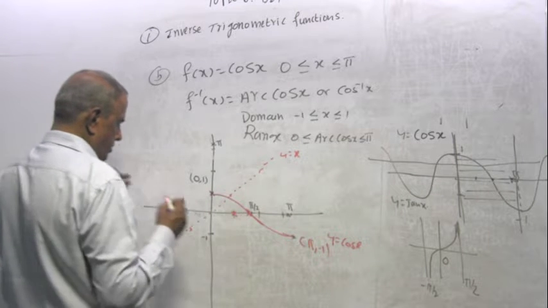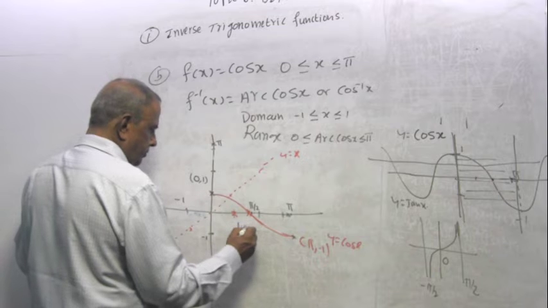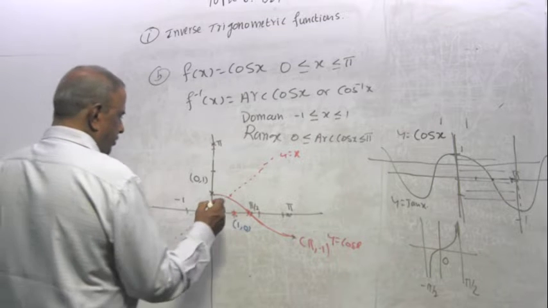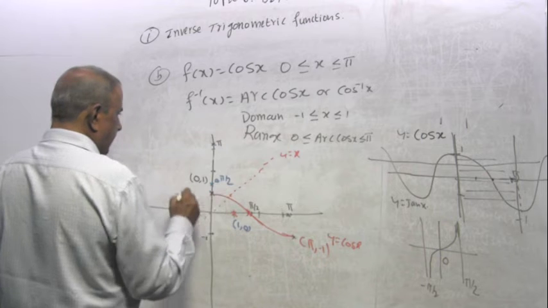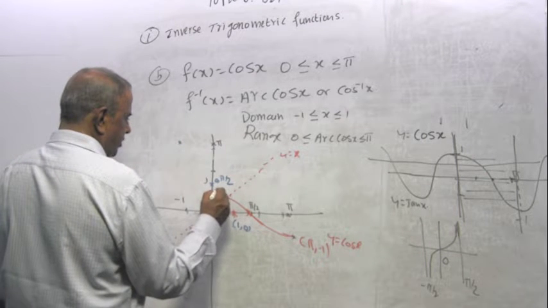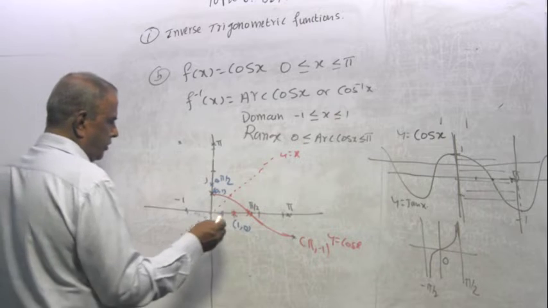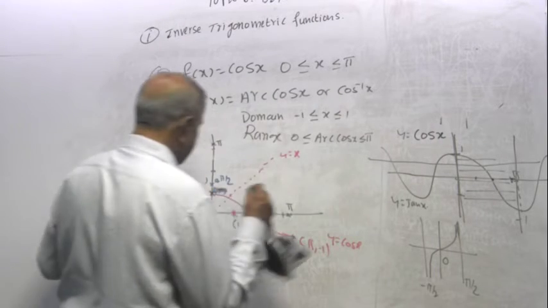1 and 0. I'm looking at cos inverse now. And then 0 and pi over 2. Minus 1 and pi. I'll put 0, 1 later there. Oh my God, it becomes a mess.